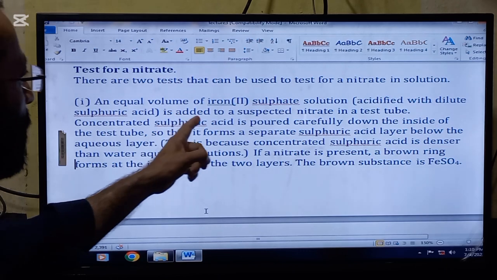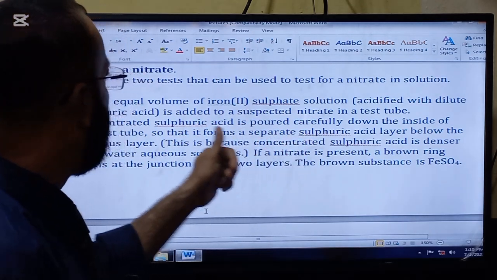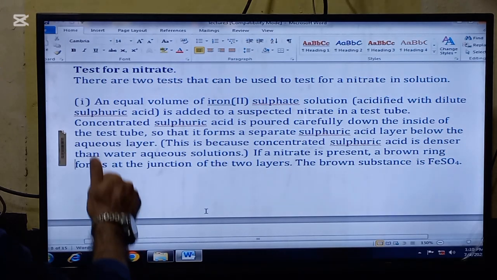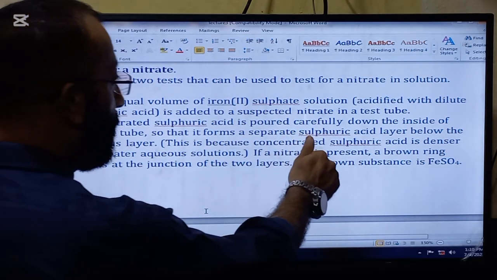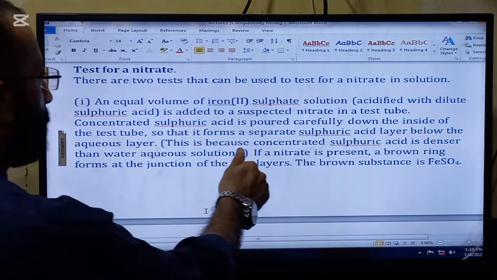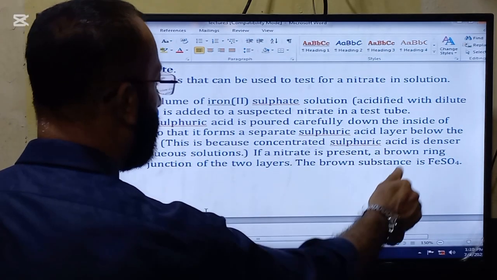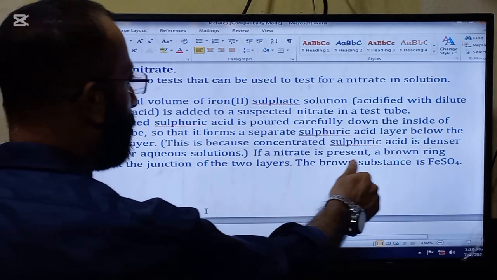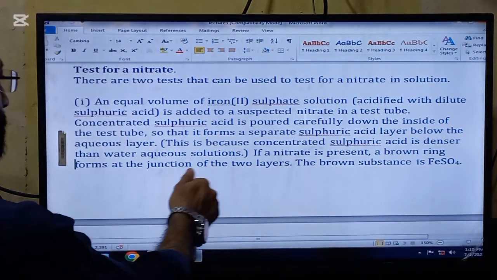Concentrated sulfuric acid is poured carefully down the inside of the test tube so that it forms a separate sulfuric acid layer below the aqueous layer. This is because concentrated sulfuric acid is denser than the aqueous solution.